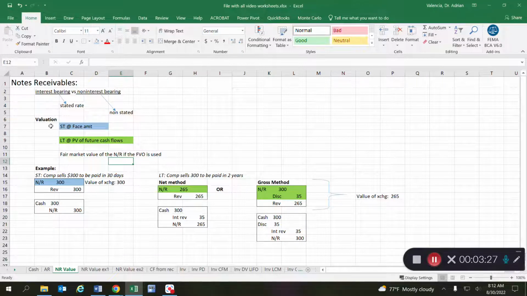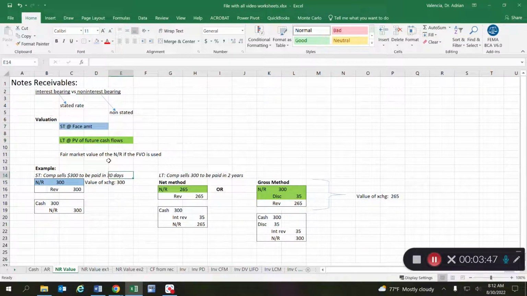Now we're going to concentrate on these two right here. The fair value option is a topic of a later chapter. So here's a quick, simple example. This is a short-term environment. Company sells $300 worth of services or goods to be paid in 30 days.